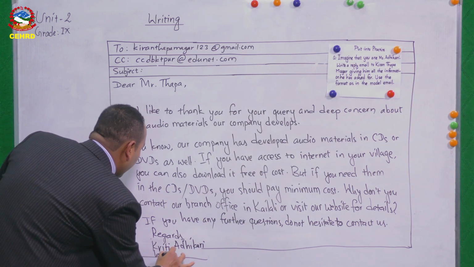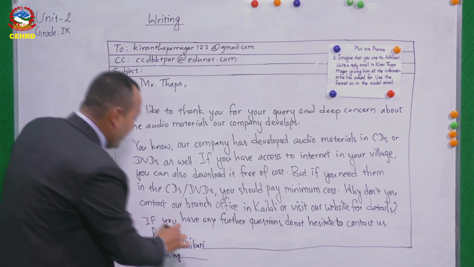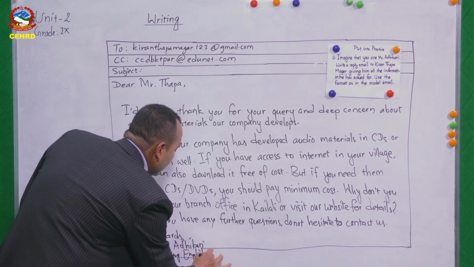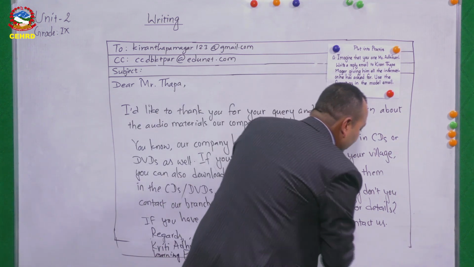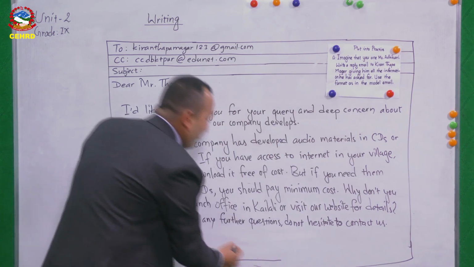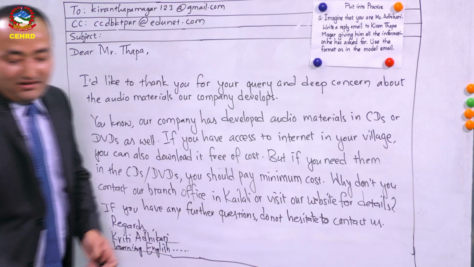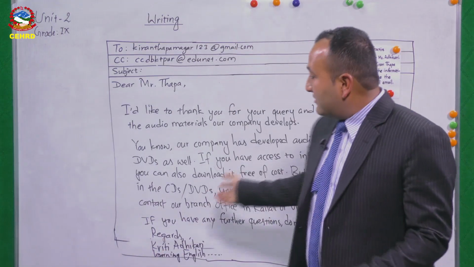Learning English, blah, blah, blah. This is how we do. There should be a box. Simply join it, okay? So, it's not that good.